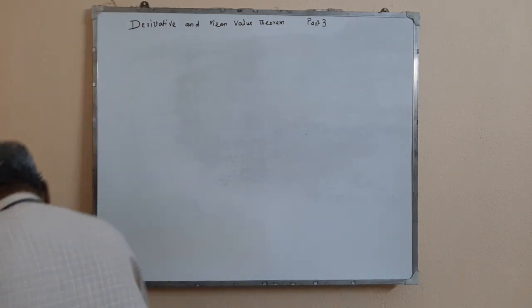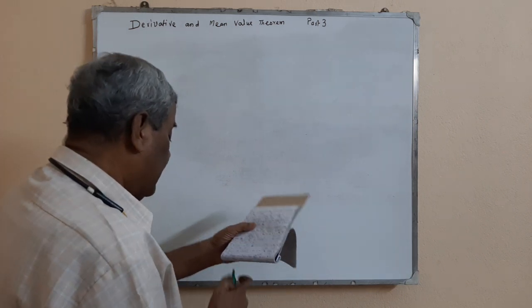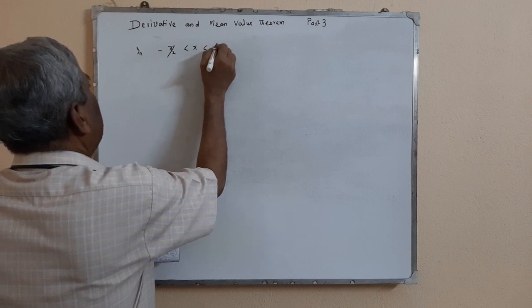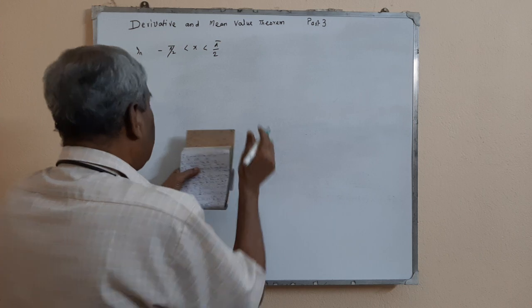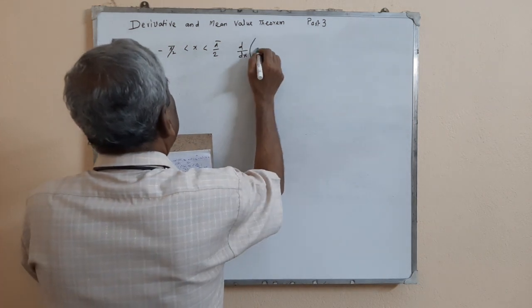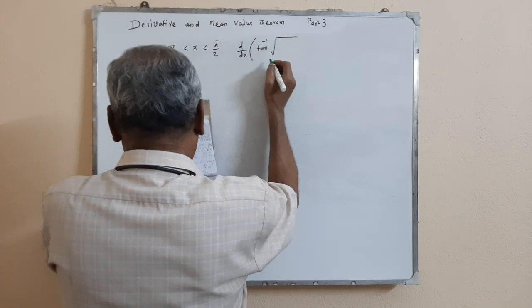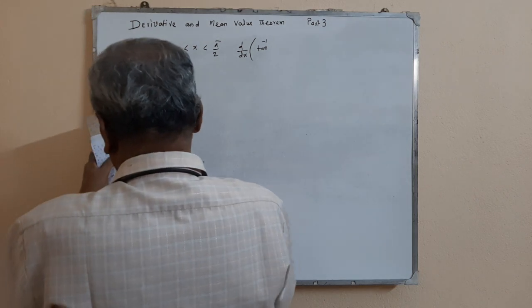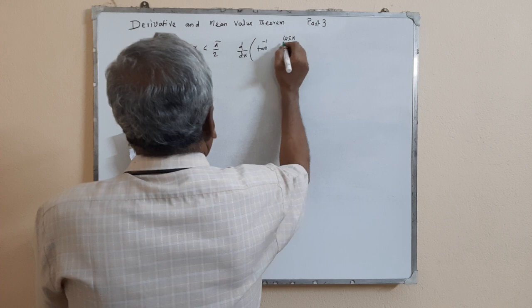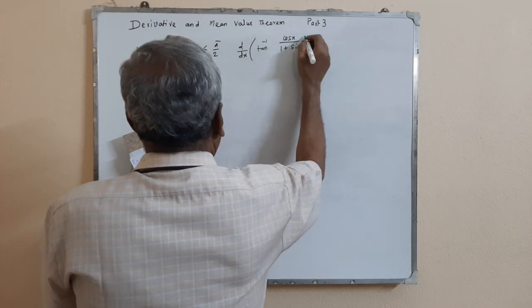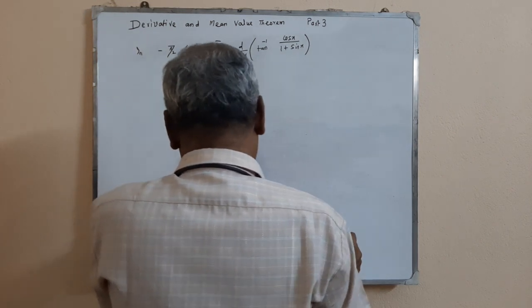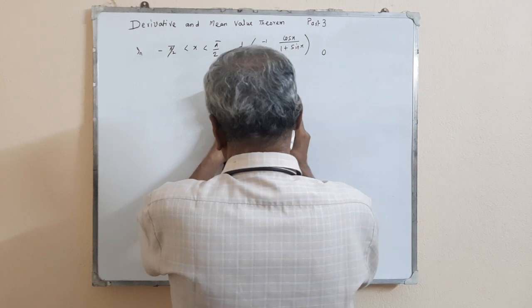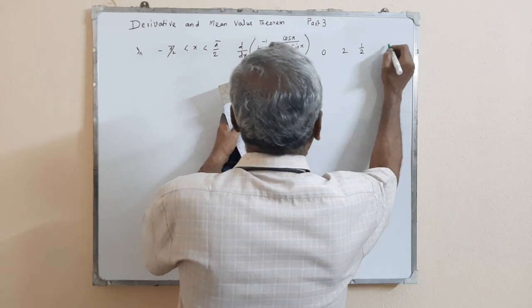The first problem is: in minus pi by 2 less than x less than pi by 2, d/dx of tan inverse of cos x by 1 plus sin x is. Options: 0, 1 by 2, and minus half.